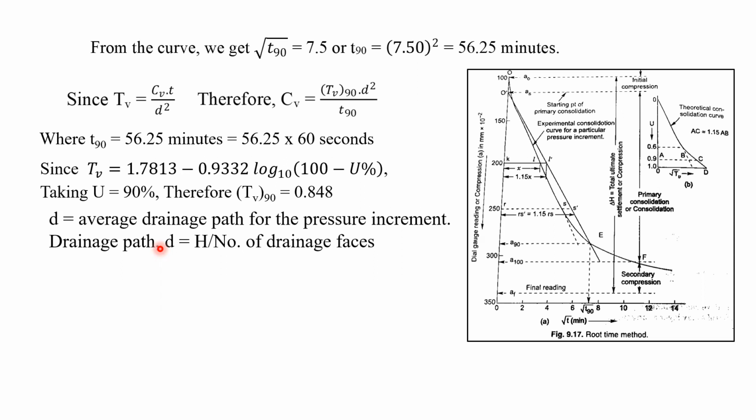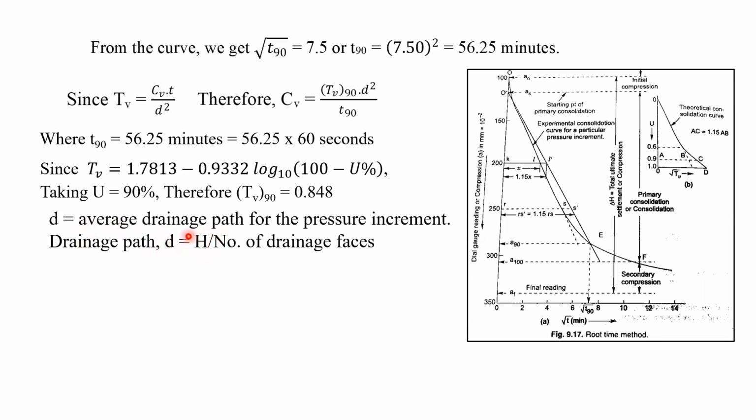And the pressure is going to be applied, and the clay layer is fully saturated. So what is going to happen? The expulsion of water from the pores will take place in the upward direction as well as in the downward direction, right? So that is called the drainage path.